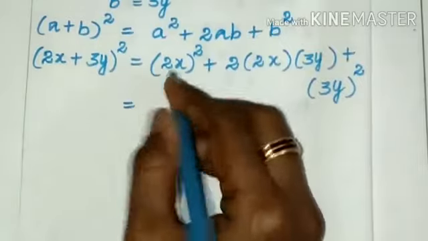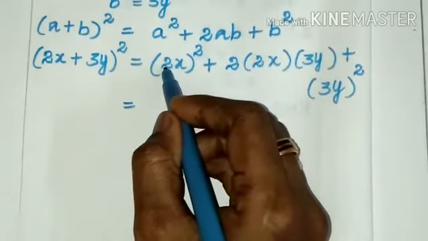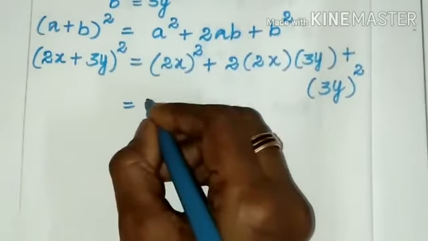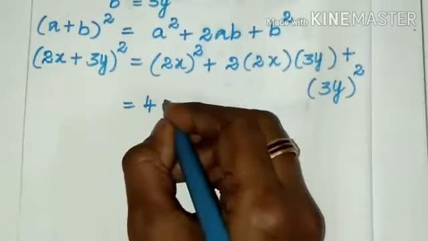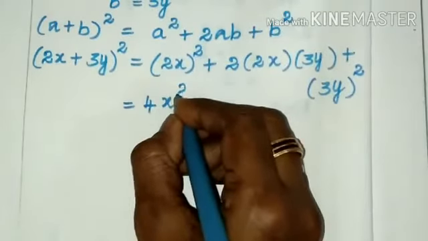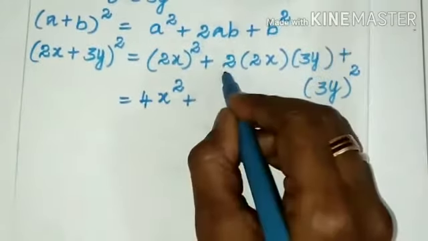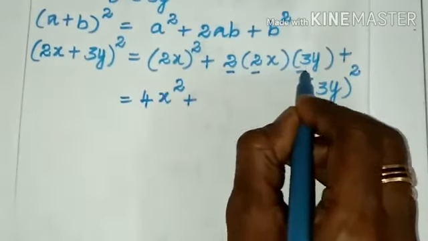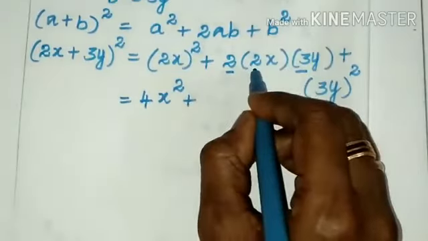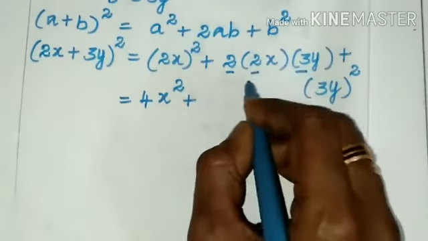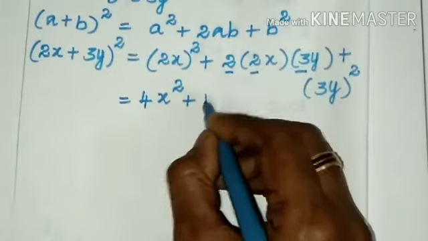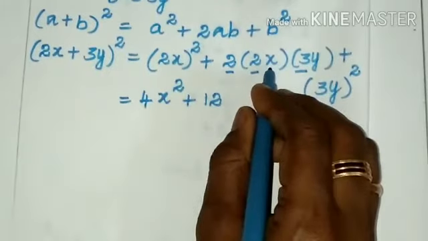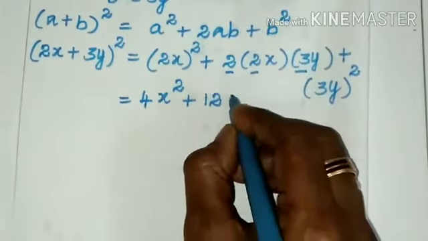That is equal to, now we square the number first. 2 square, 2 into 2, what is the value? 4. Then we have to square the variable x, x into x, x square. Then we have to multiply the numbers first. So what are the numbers? 2 into 2 into 3. So what is that? 2 2s are 4, 4 3s are 12. Then you multiply the variables x into y.